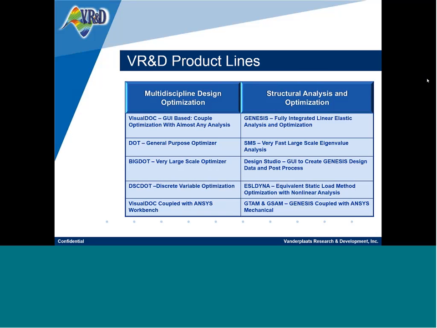On the multidisciplinary side of things, apart from VisualDOC, we have libraries for our optimizers, which are DOT, BIGDOT, and discrete variable DOT. Those are libraries that are available for third-party users or end users to wrap optimization along with their code or software.